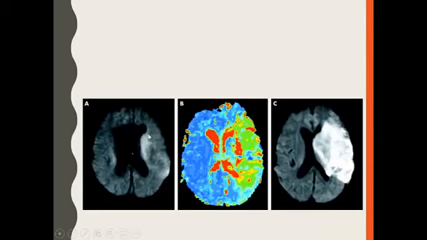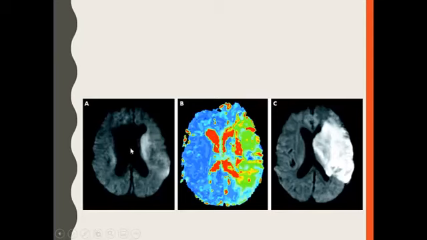Here are two examples. This one is an infarction in the periventricular white matter detected by diffusion weighted image. And when doing perfusion, there is a larger area of ischemia. So there is diffusion-perfusion mismatch.